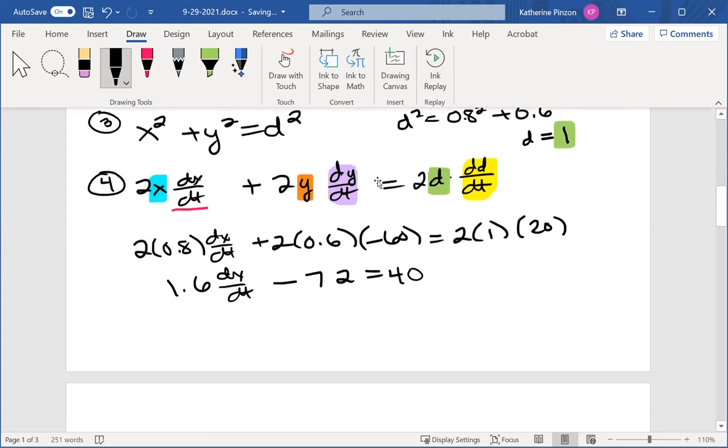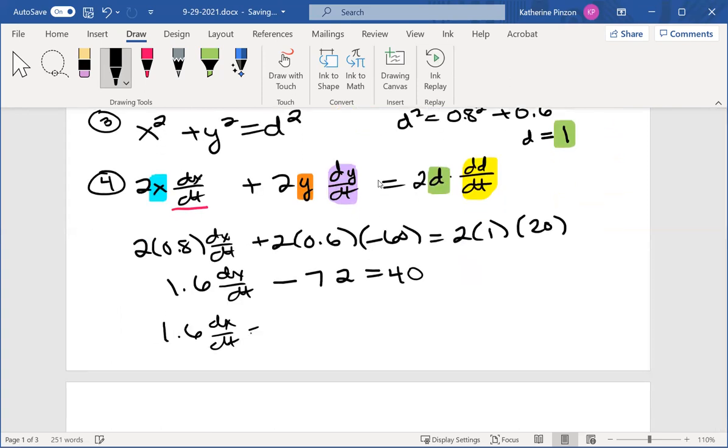Someone check that number, it might be wrong. 1.6 dx/dt, add, is it 72? Yeah. Great. Add 72 to both sides, 112. Divide by 1.6. dx/dt is 112 divided by 1.6. 70. dx/dt is 70.